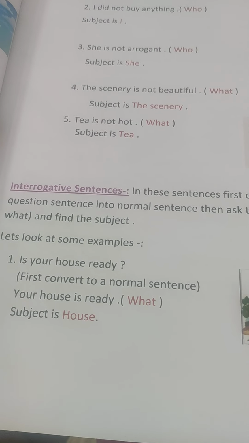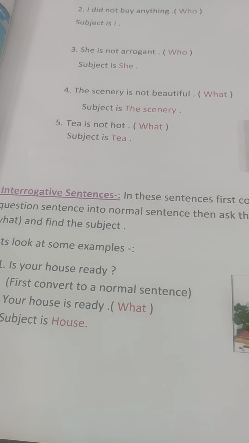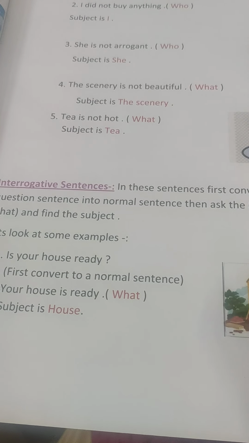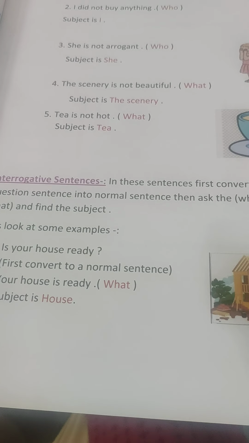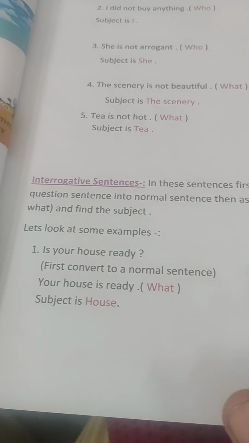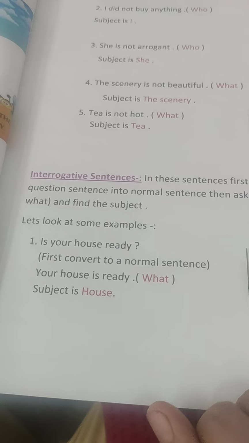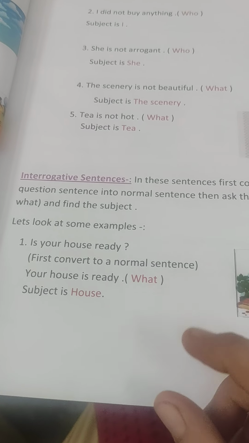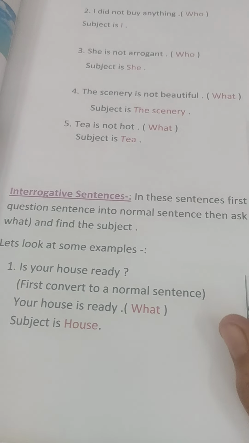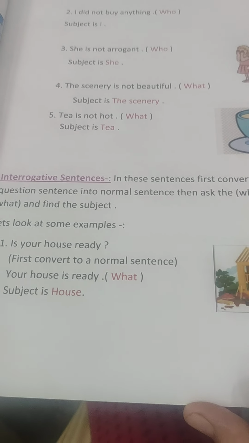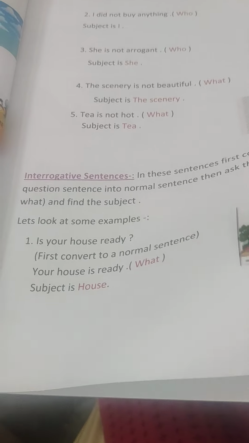We are talking about house. So house is a thing, and when the noun in the sentence is a thing, we ask the question as what. So how will we ask the question? What is ready? Answer is house. Right? So subject is house.